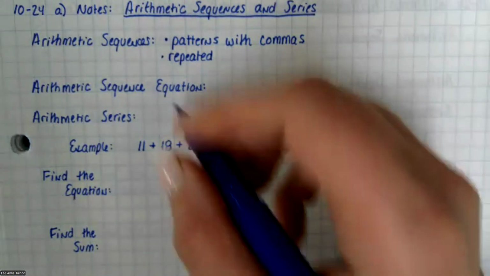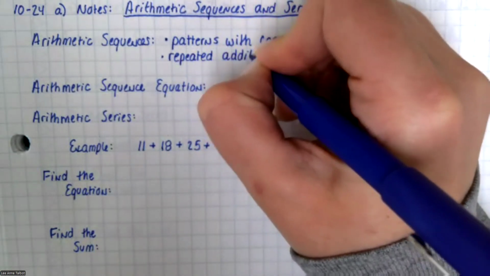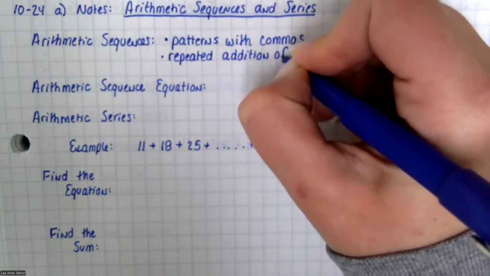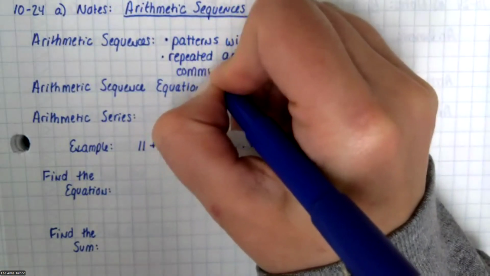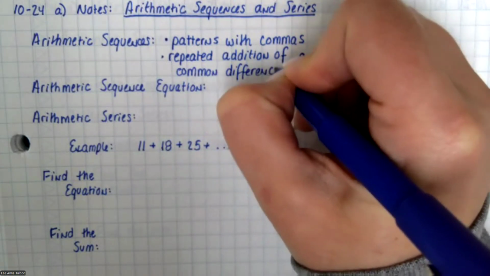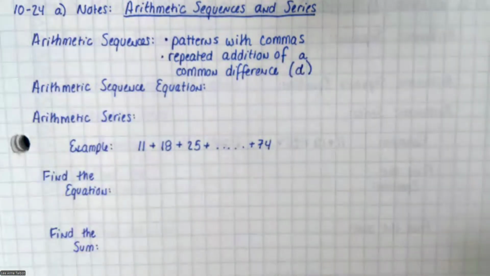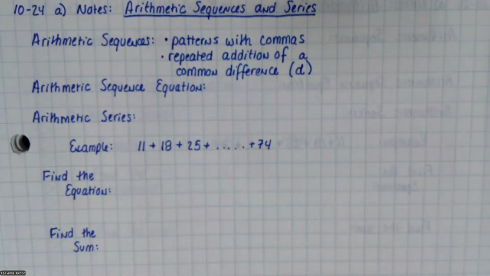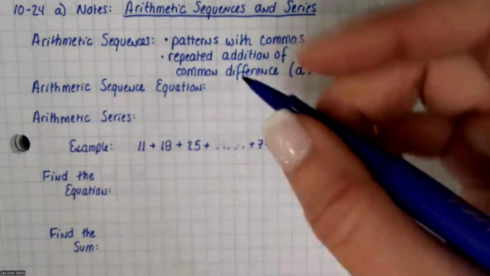Repeated addition of a common difference D. So the growth in these is the letter D. And we're going to do the equation twice.